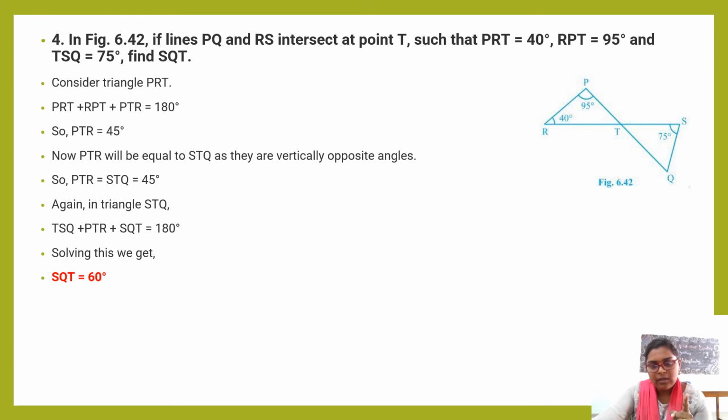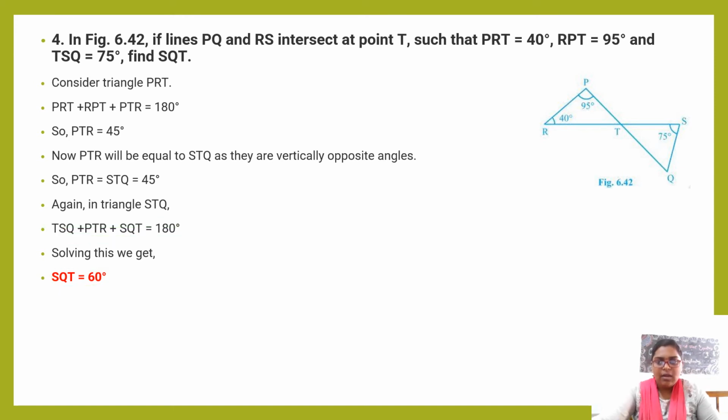One we have to find. So how will we find? By the angle sum property of a triangle. So we are going to add all three angles, which is PSQ plus PTR plus SQT is equal to 180 degrees. After solving this, we are getting that SQT is equal to 60 degrees.